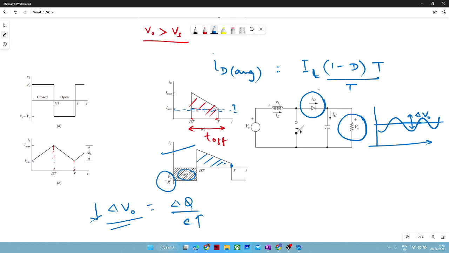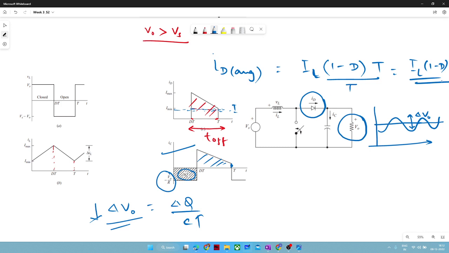Am I correct here? Yes, sir. Yeah, thanks. So effectively, it is nothing but IL into (1 minus D).